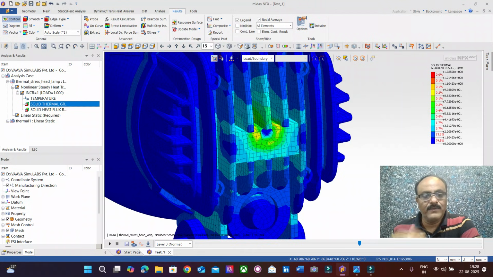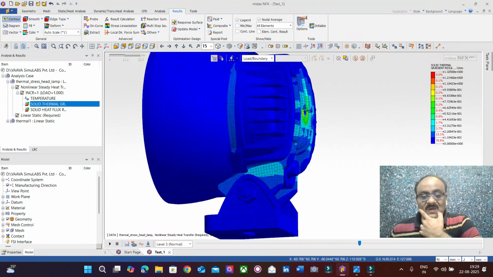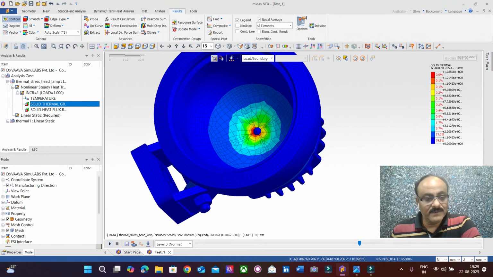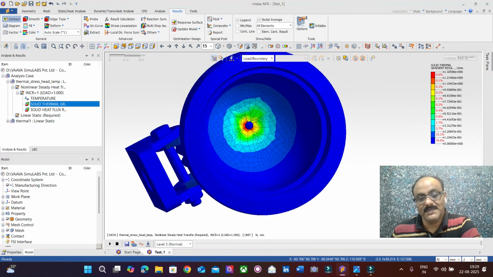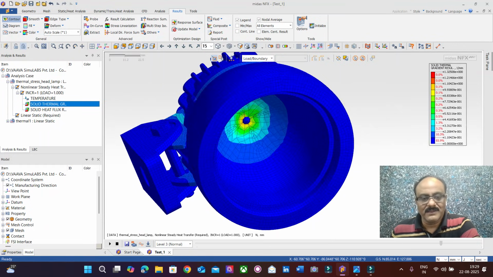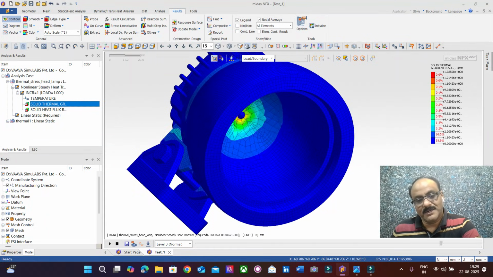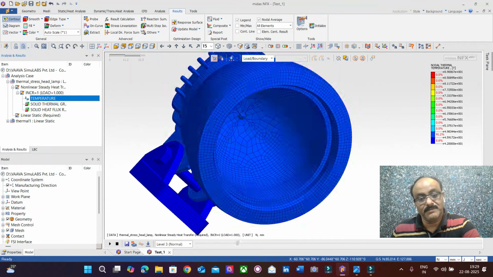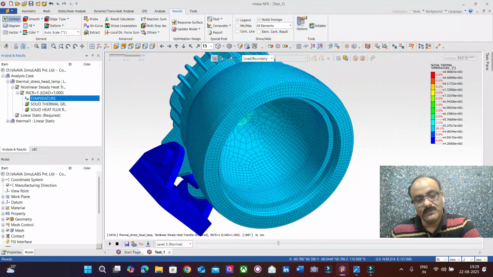Okay, now what we can do is we can try to identify how the heat is getting dissipated. Okay, so now you will find that the temperature of that particular region, the central bulb region, you will see the red contours getting converted.